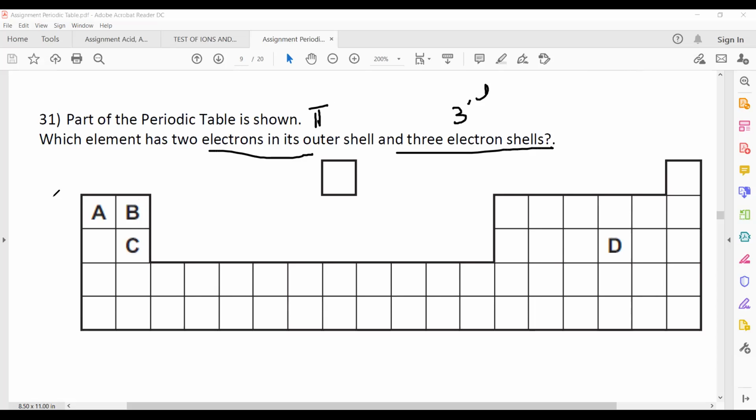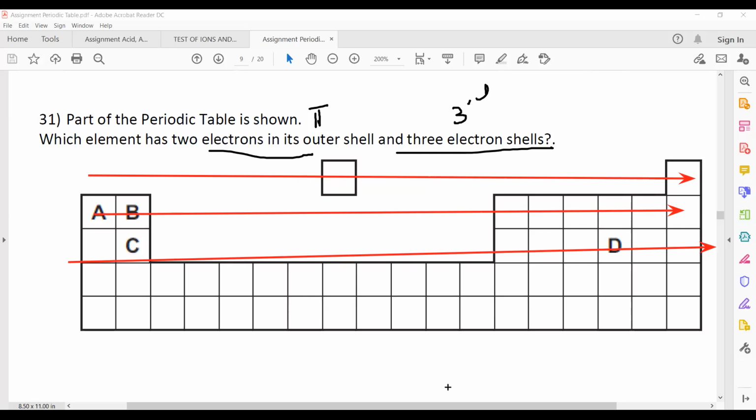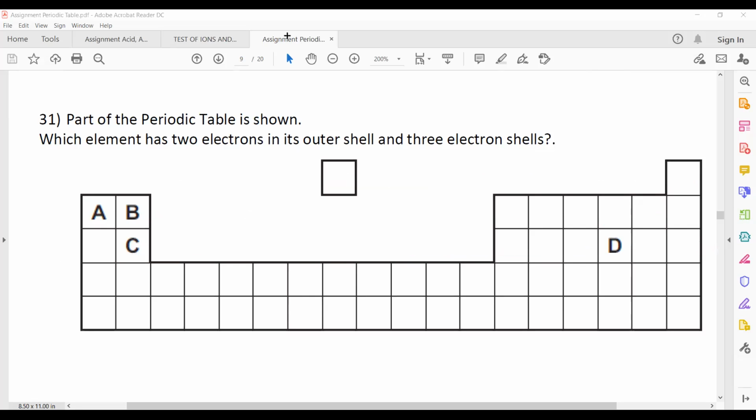Group 2, B or C can be answered, but for period 3 you can see, that's period 1. That's period 1. This is period 2. And this one is period 3. So that's why C is the right answer.